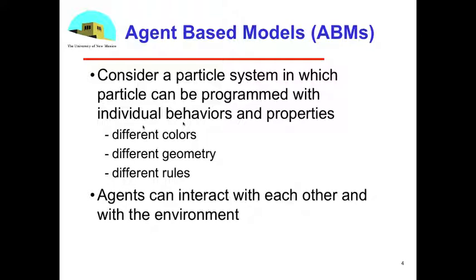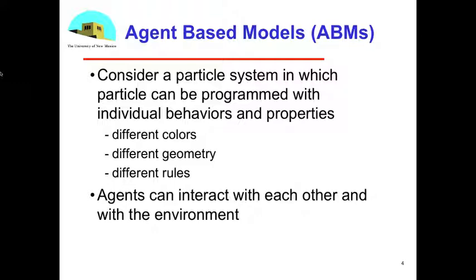And then agent-based models are another example of that, where we're doing simulations of other kinds of phenomena. For example, we'll see one in a minute of ant behavior, but another one that's very popular is to do predator-prey problems, where you have two different kinds of particles, one which might represent rabbits and the other might represent foxes, and they move around, and if a fox sees a rabbit, it eats it, and if the foxes don't find rabbits, then they die off and get eliminated.